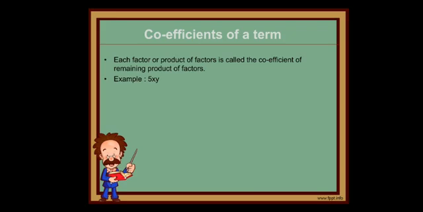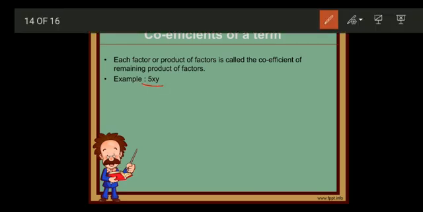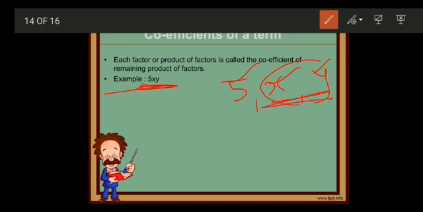So now we'll take 5xy. What are the factors here? Here we have 5, x and y as the factors of the term 5xy. We have 3 factors. If you take this xy, the product of these factors, 5 is the coefficient of the remaining product of the factors.